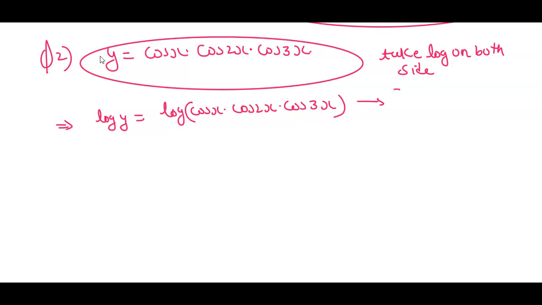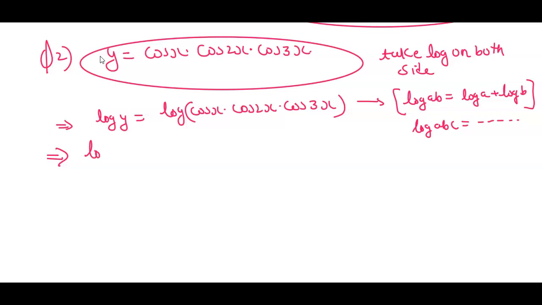This reminds me that I have to use the formula of log AB, which is equal to log A plus log B. But if it is of type log ABC, it will proceed like this: log A plus log B plus log C. So log y is equal to log cos x plus log cos 2x plus log cos 3x.